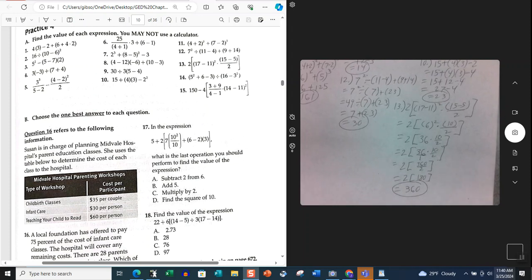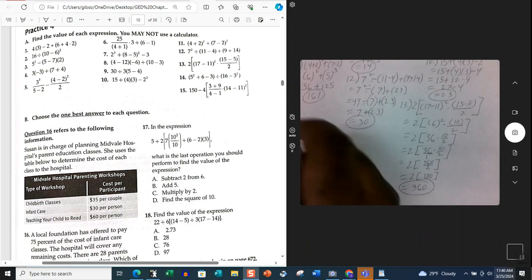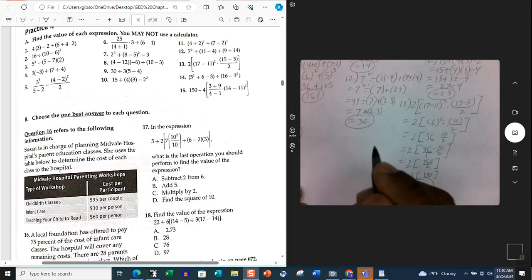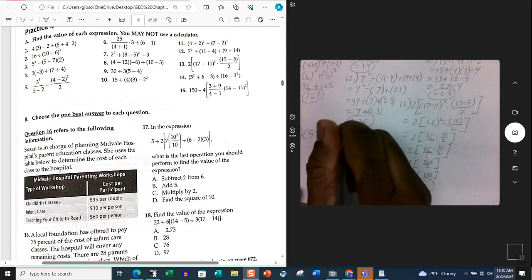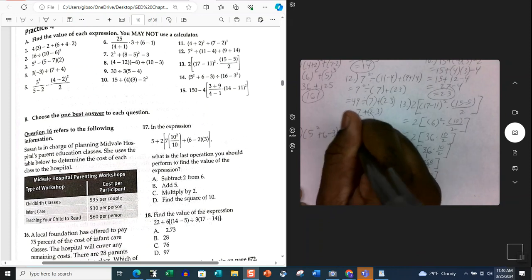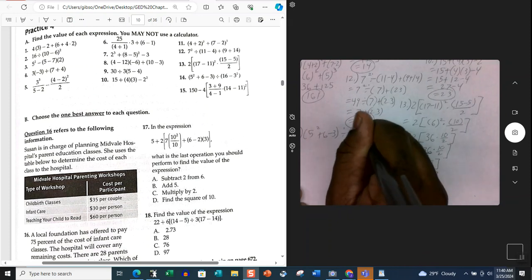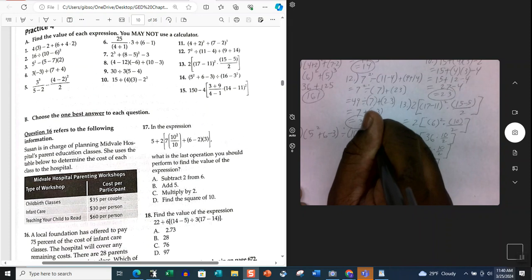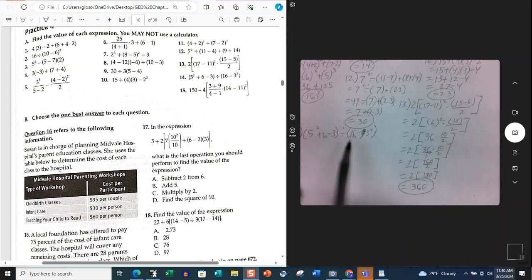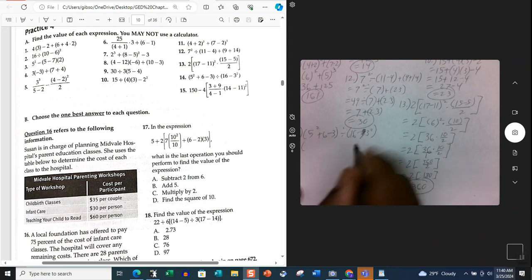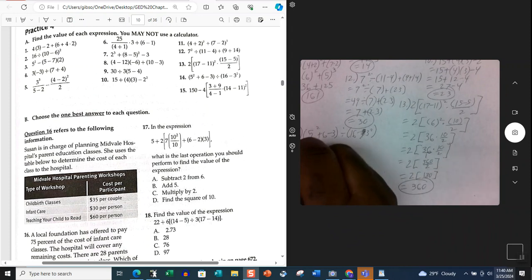Now, with problem 14, still a lengthy problem, but not too bad. So we have (5 squared plus 6 minus 3) divided by (16 minus 3 squared). All right, so we do what's in parentheses first. So in this parenthesis, we'll do the exponent first. 25 plus 6 minus 3.